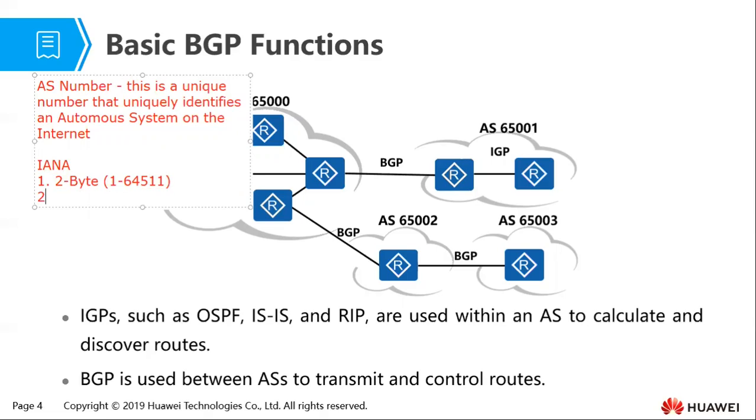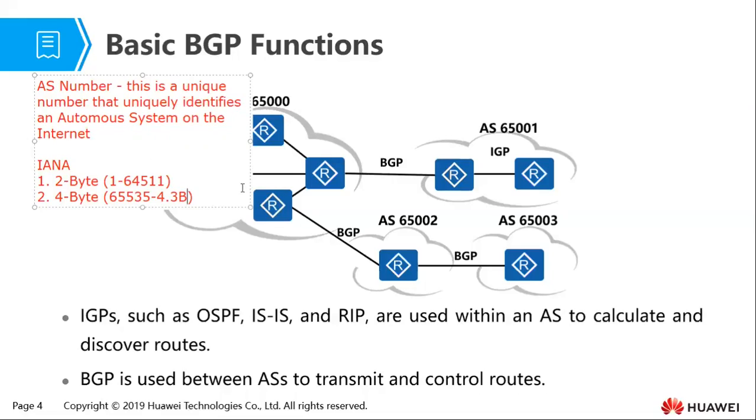Then from around January 2009, they also extended the size of an autonomous system number, and they started using 4-byte autonomous system numbers. So a 4-byte, if you do 2 raised to power 32, it begins from 65,535 all the way to slightly below 3.4 billion. So it gives you all those numbers.